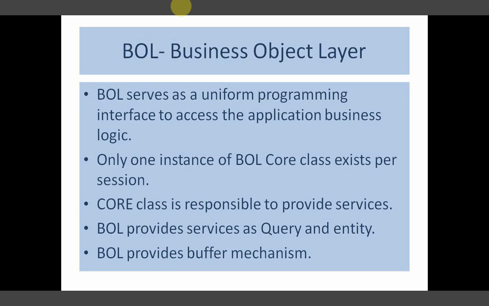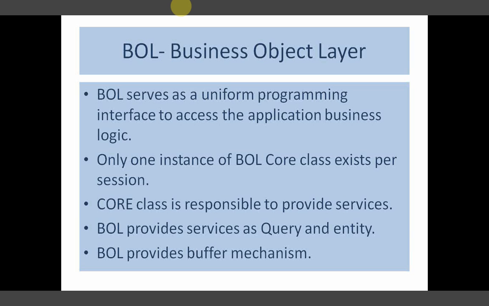Let us see a bit deeper into the business object layer. BOL serves as a uniform programming interface to access application business logic. Just have a look at this statement. This speaks a lot.